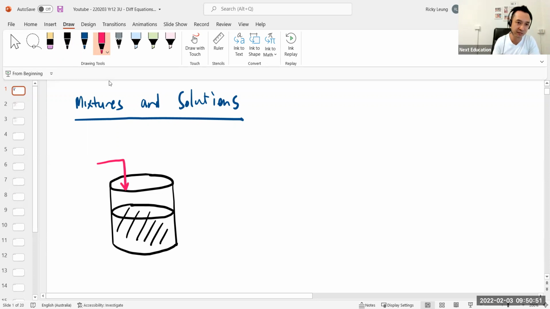Now, I want to introduce two variables. One's a letter C, and because it's going inwards, let's go C subscript in, and then R subscript in as well. Now I'll define it here right now. C represents the concentration of solute.